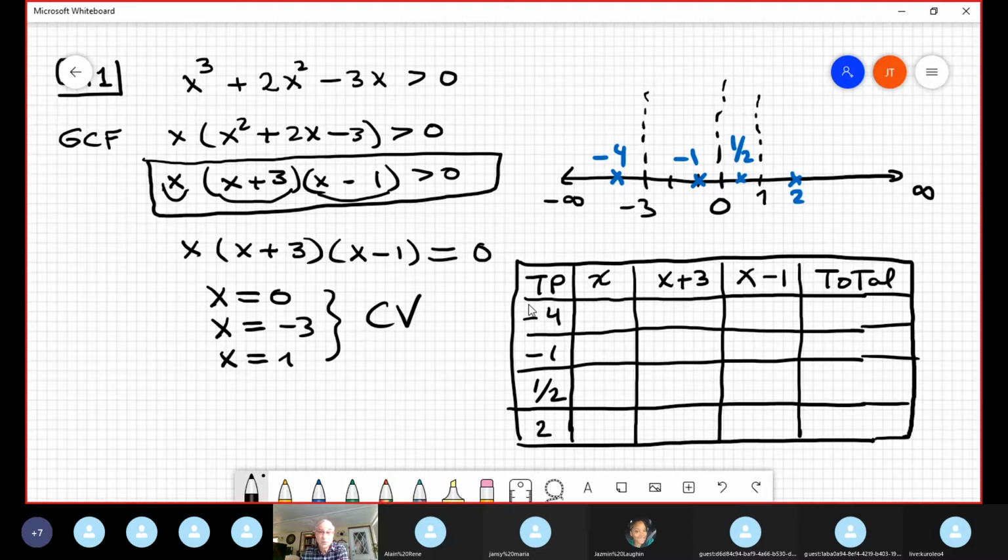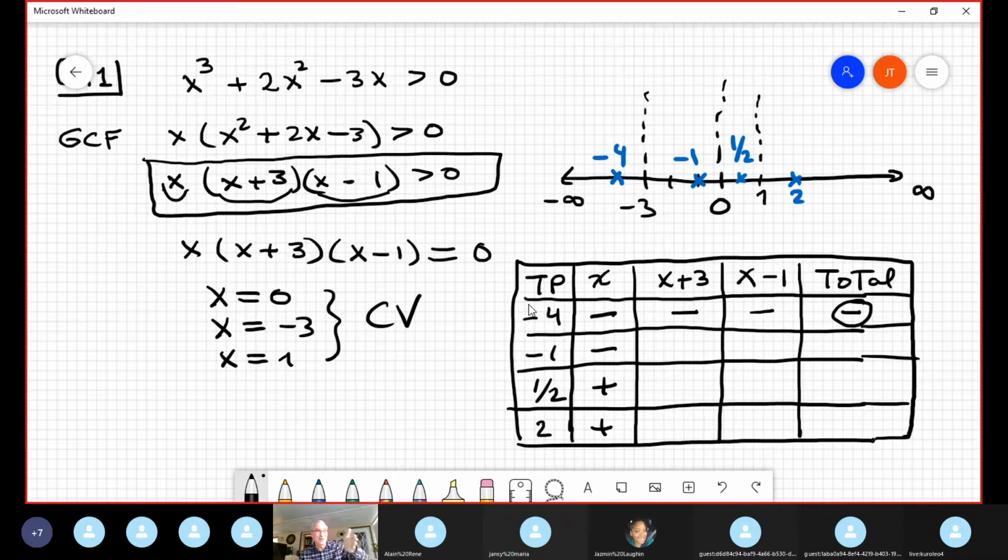When it's obvious, because this is negative, no? Negative, positive. This is obvious, right? When you evaluate directly in x, it's the same sign that we have here. But -4 is negative. And -4 plus 3 is -1, no? And -4 minus 1 is -5, it's minus. The 3 are minus, the total sign is negative, no?